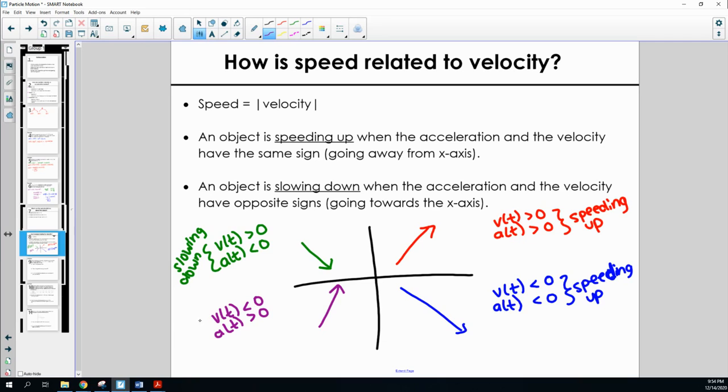So the signs are different, so this is going to be slowing down. Sorry if this is a little bit confusing, but basically, if it's going away from the x-axis, it's speeding up. If it's going towards the x-axis, it's slowing down. You're comparing the signs on the velocity and the acceleration. Same sign, whether they're both negative or positive, speeds up. Opposite signs is going to slow down.